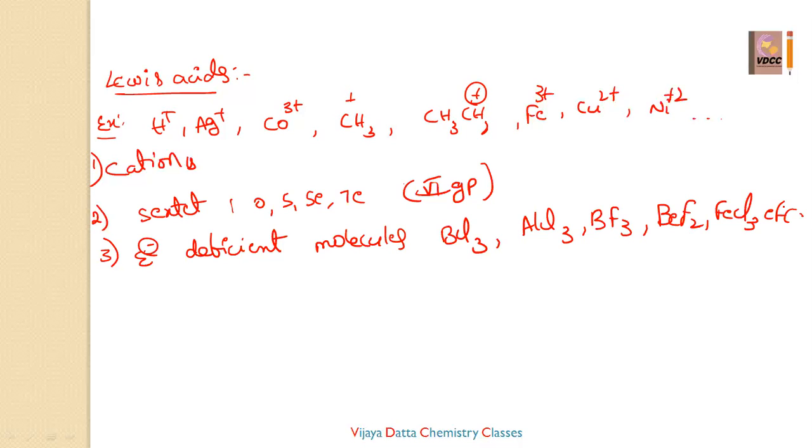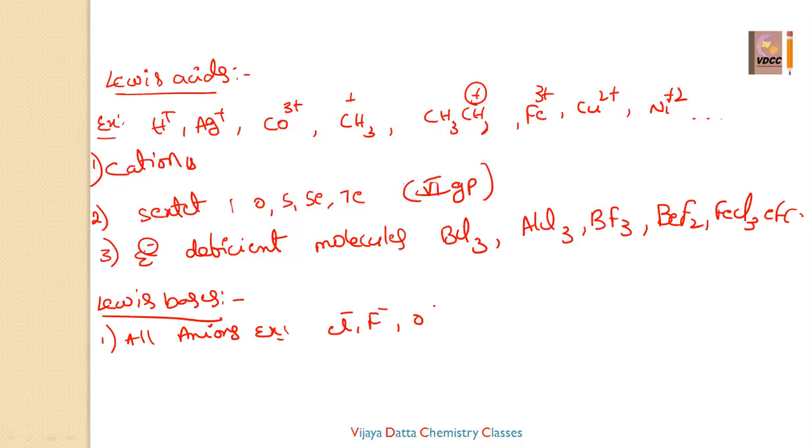Okay, see, still we have the octet configuration; based on that also we can explain. One more: different types of Lewis bases. The first one is all anions. All anions come under the Lewis bases. For example, chloride ion, fluoride ion, hydroxide ion, cyanide ion, thiocyanate, SCN minus.